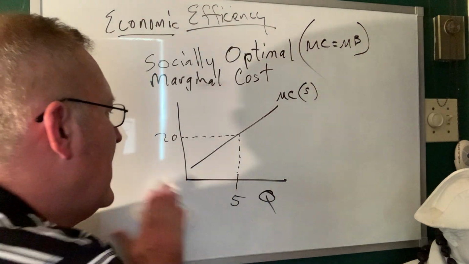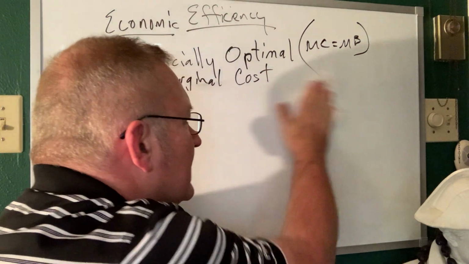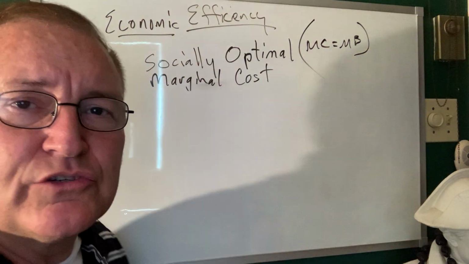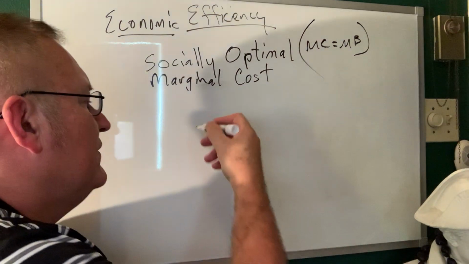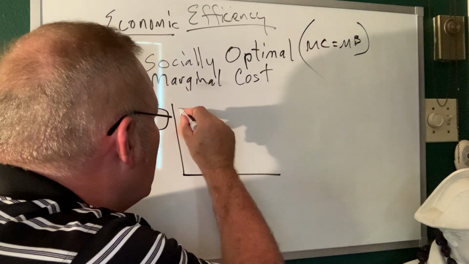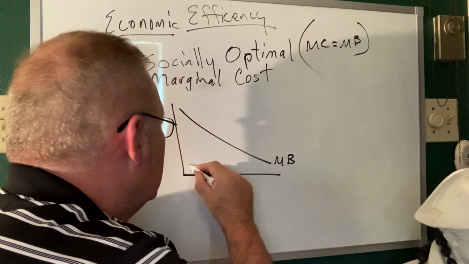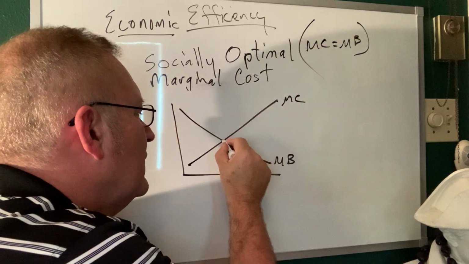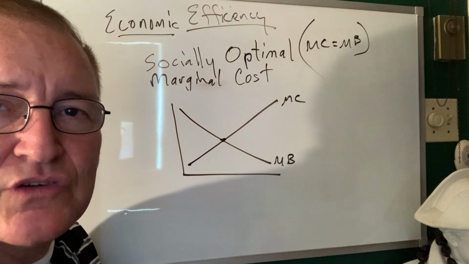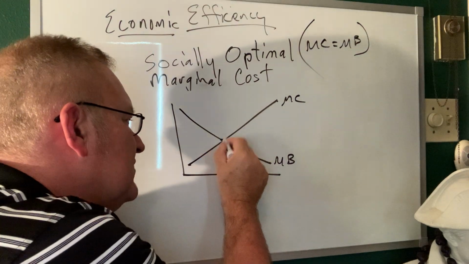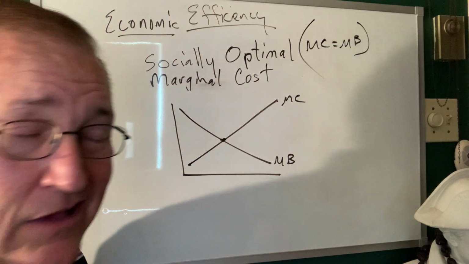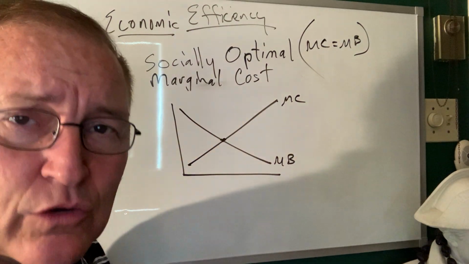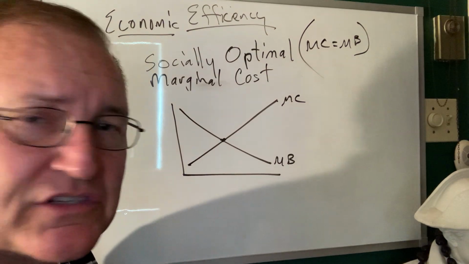All right, and finally, let's get back to what's socially optimal. If I combine the 2 curves, marginal benefit and marginal cost, there's where the magic happens, right? So it's at this point that is the answer to what is socially optimal, what is best for society.